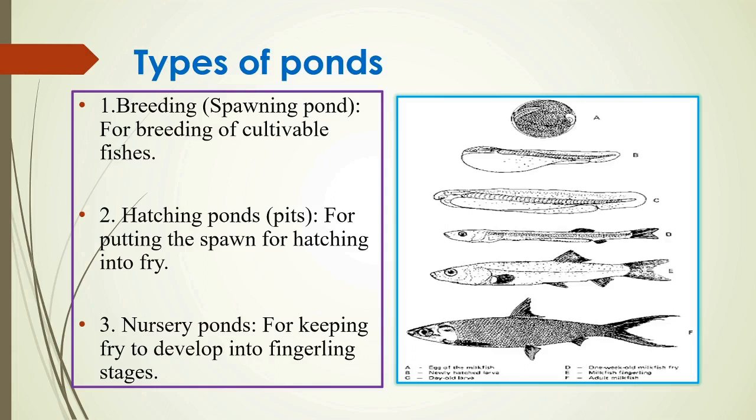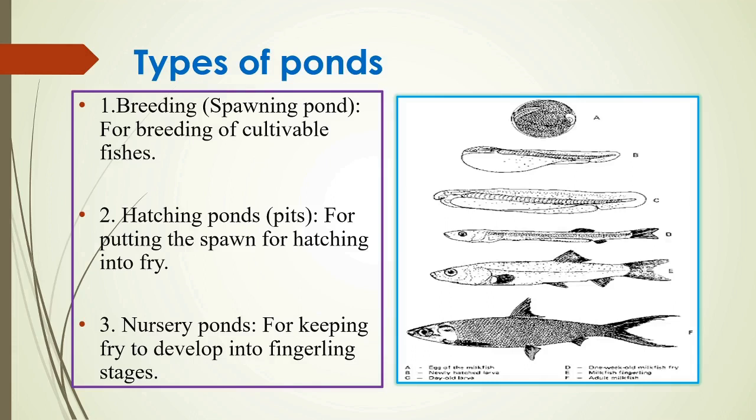That means in this pond, the fishes mate and release the eggs and sperms into water. The eggs are fertilized by the sperms. The fertilized egg after 12 hours hatches into the first stage larva called prolarva. This prolarva is also called hatchling. The hatchling has a yolk sac underneath.